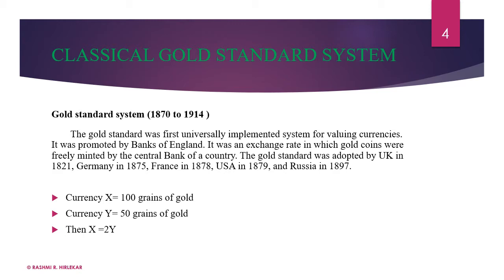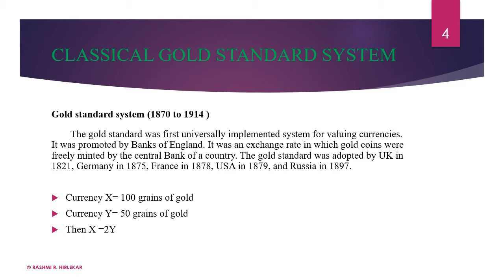Gold standard was the first universally implemented system for valuing currencies. As we all know that gold was considered as a medium of exchange because gold was durable, storable, portable and easily divisible. Under gold standard, gold jewelry could be converted into gold coins and used as a legal tender.